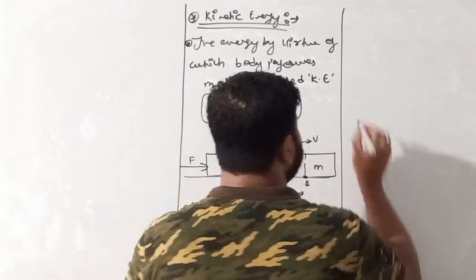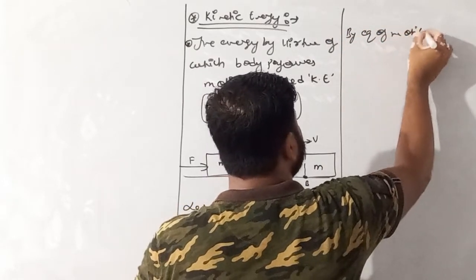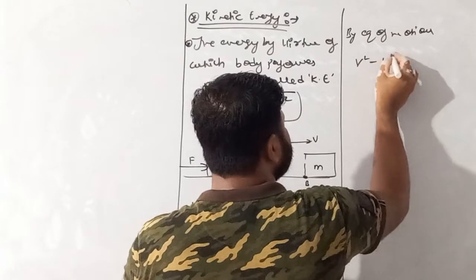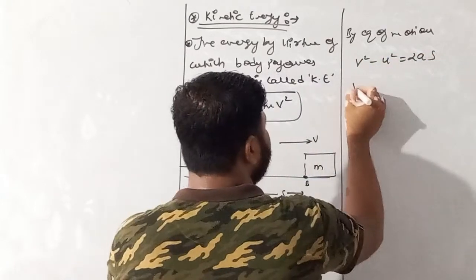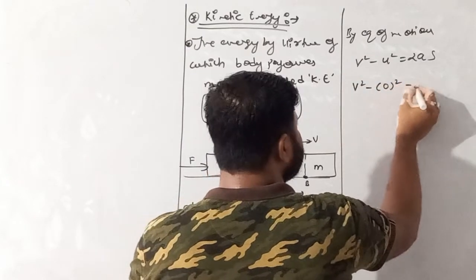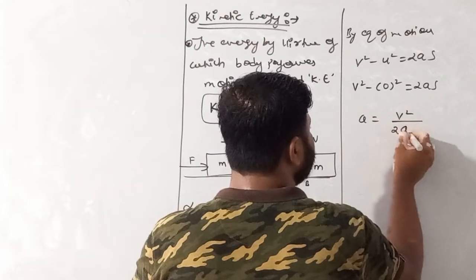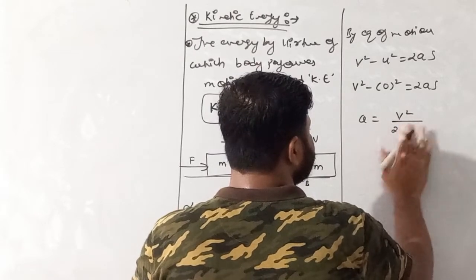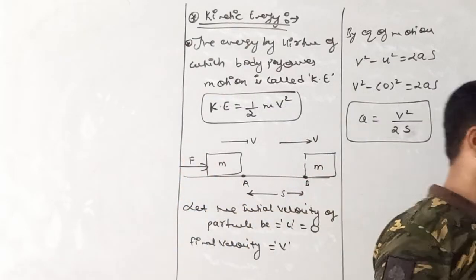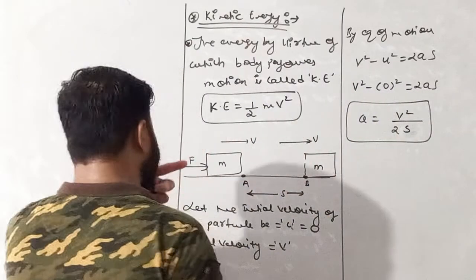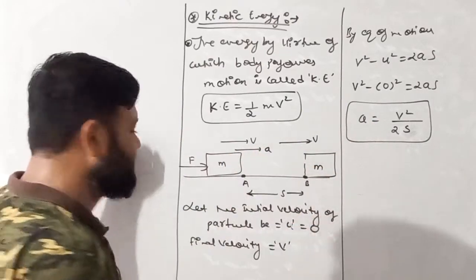Now I am applying the equation of motion: v square minus u square is equals to 2as. So v square minus 0 square is equals to 2as, so a becomes v square by 2s. This is the value of acceleration, and if force is there, then the body must carry acceleration.